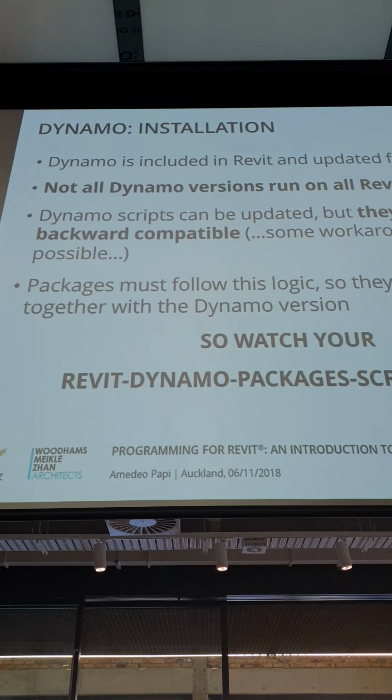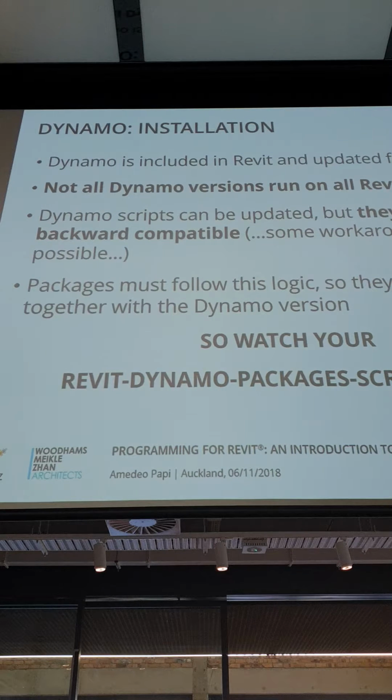So, going quickly through the basics, let's speak about installation. Dynamo is included in Revit and updated frequently, but not all Dynamo versions run on all Revit versions. This is pretty important to understand from day zero, because Dynamo scripts can be updated, but they are not backward compatible from major version to major version.